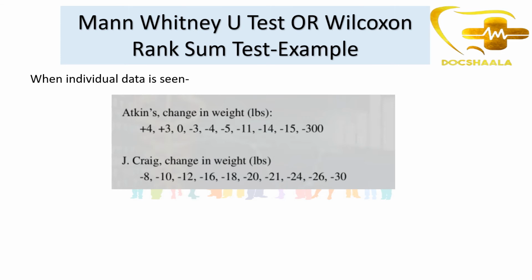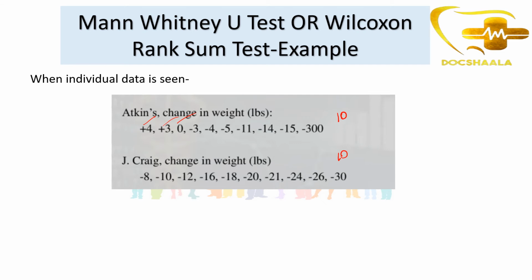So when individual data is seen, these are the Atkins change in weight values of 10 individuals, and these are the other 10 individuals. The first individual has gained 4 kgs. The second individual has gained 3 kgs. The third individual has no change at all.